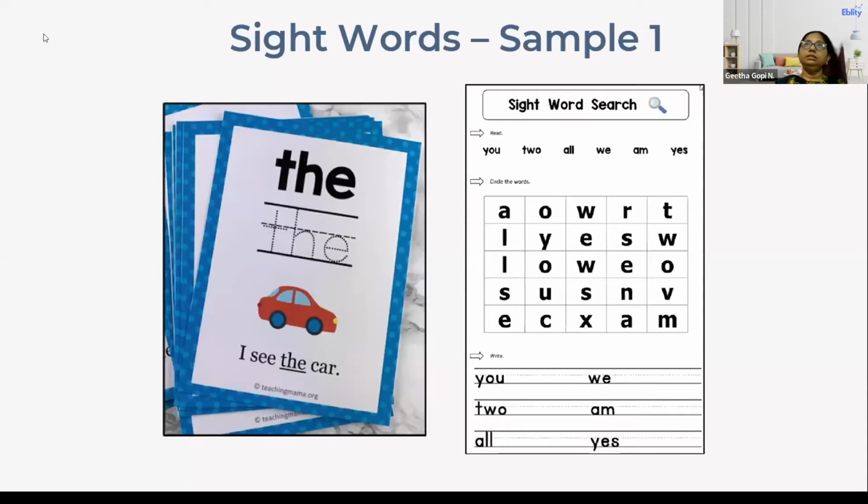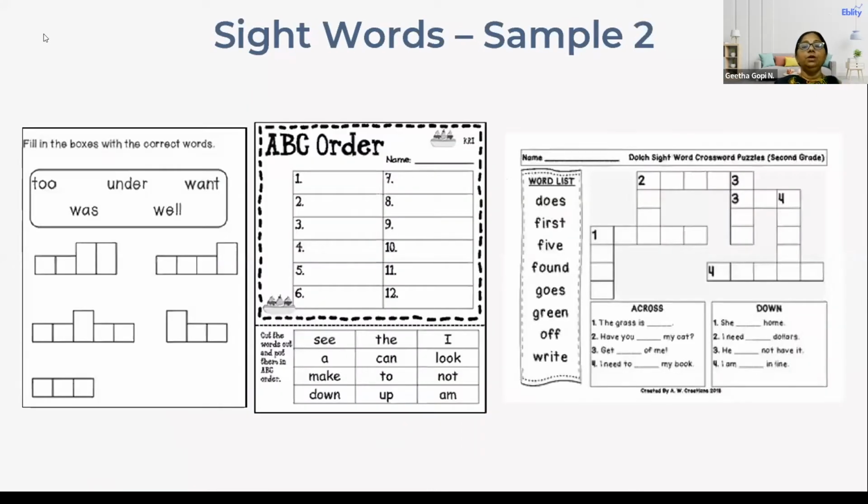Just like we talked about in the phonics part of it, you can have a variety of worksheets where you use sight words as word searches. The words are given, they have to find the word and then write it down. You can also give sight word worksheets as word shapes, especially with sight words.